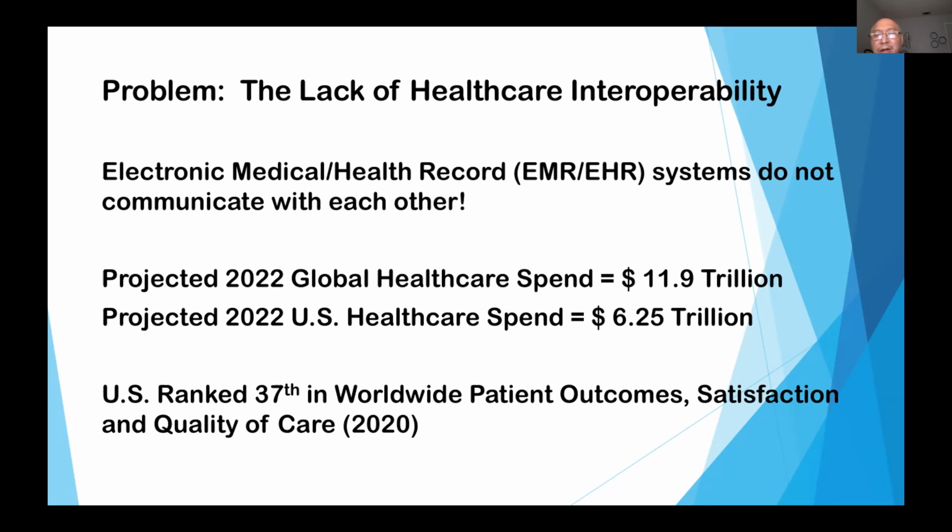It also stipulates information blocking fines and guidelines for healthcare providers in partnership with their EHR vendors. So it's coming around slowly, but we're doing it in incremental pieces.